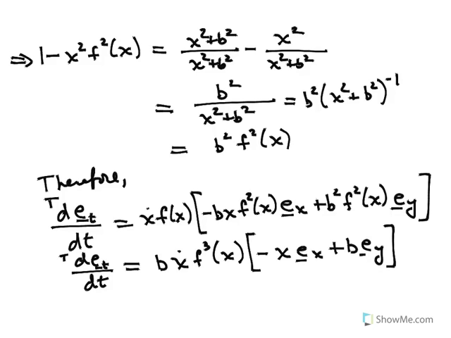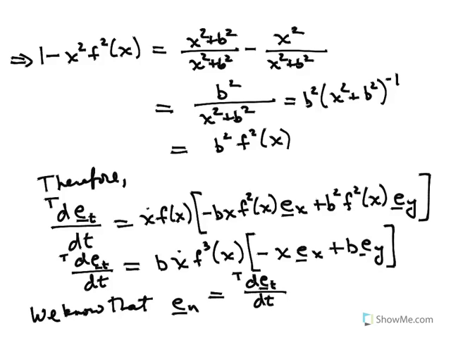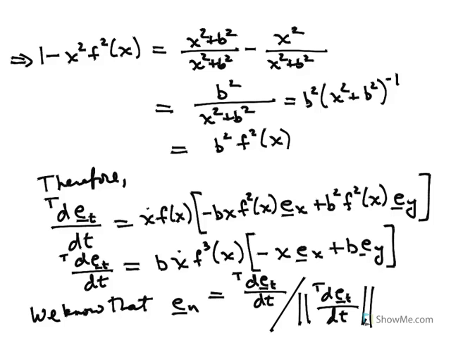So now we know the following. So we know that the principal unit normal is equal to the rate of change of the tangent vector as viewed by an observer fixed to the track divided by the magnitude of the rate of change of the tangent vector as viewed by an observer fixed to the track. So what is the magnitude of the rate of change of the tangent vector as viewed by an observer fixed to the track?